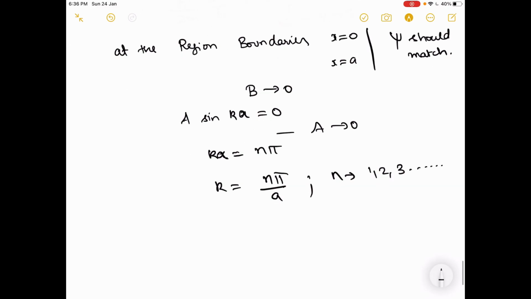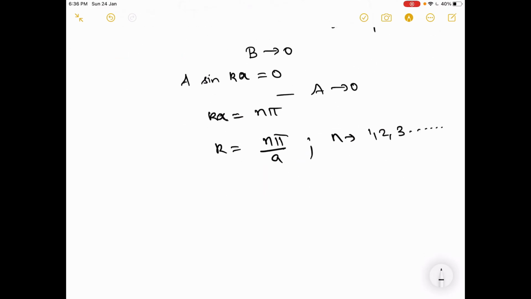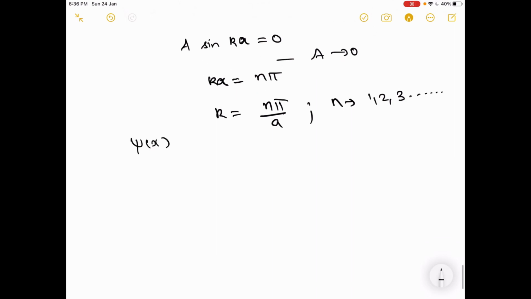So the solutions, that is psi of x, can be plotted across x. This is 0, and let's say this is a. For n equal to 1 will turn out to be something like this.